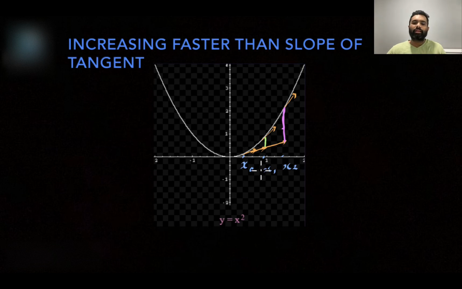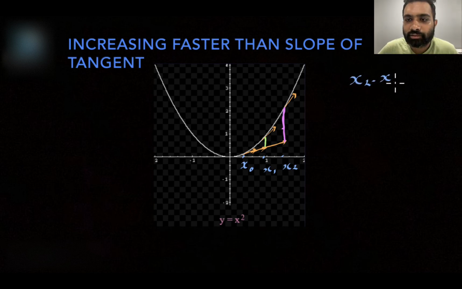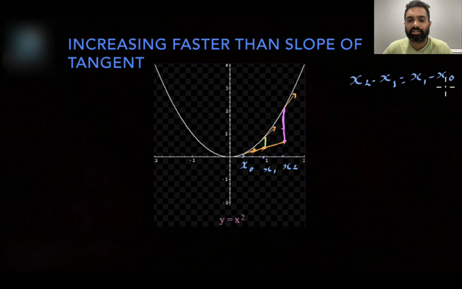So we are seeing that x2 minus x1 is the same as x1 minus x0. The deviation is the same, but still you can see that the pink line is more than double the green line.